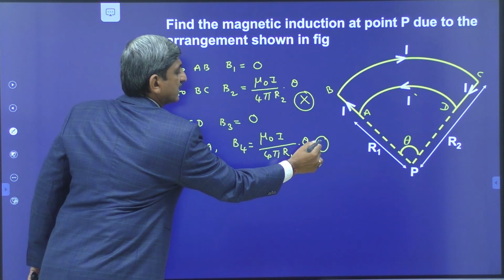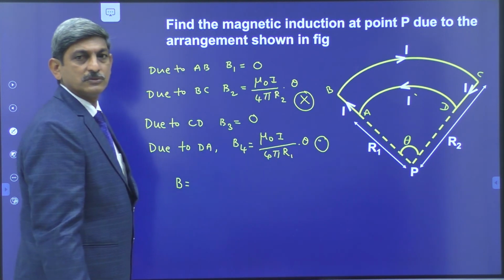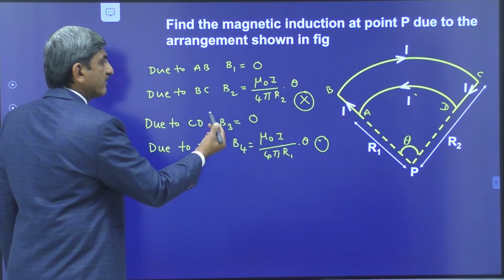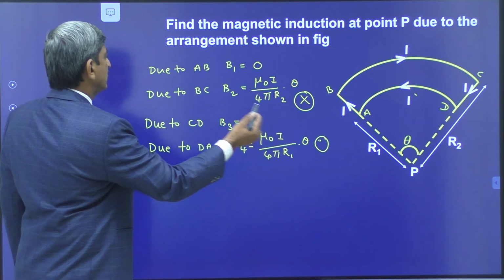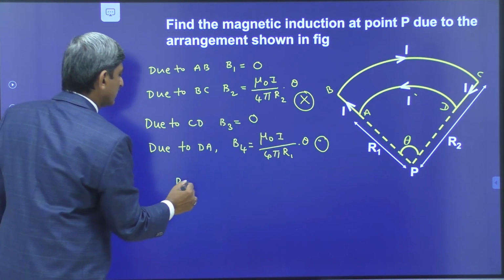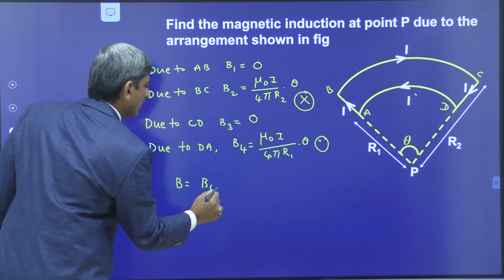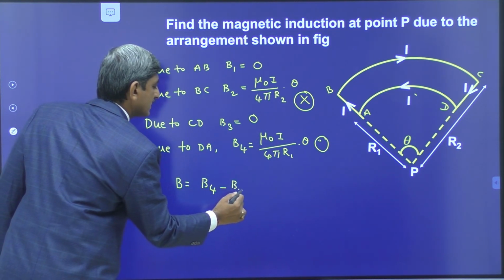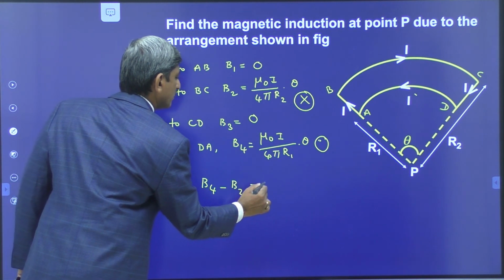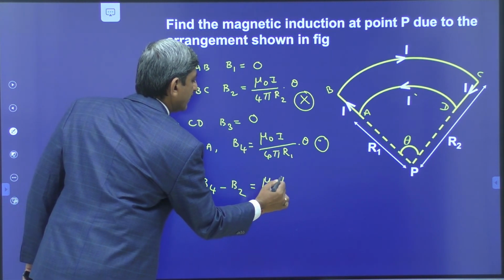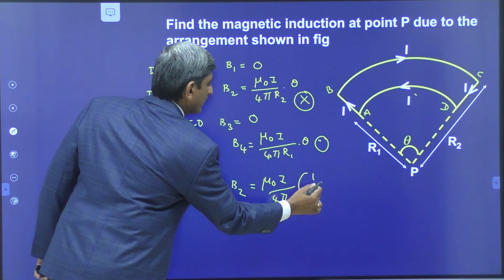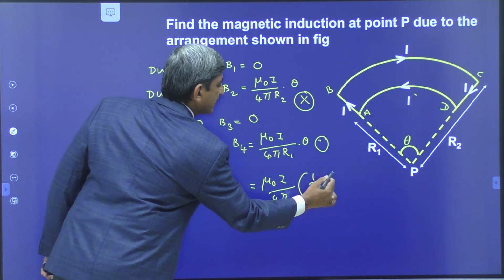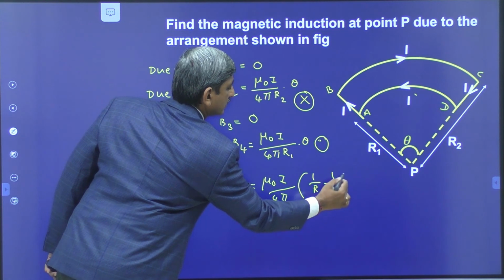That's why the resultant field is equal to larger value minus smaller value. Here R2 is larger, that's why B2 is smaller. Then B is equal to B4 minus B2, which is equal to mu naught I divided by 4 pi into 1 by R1 minus 1 by R2.